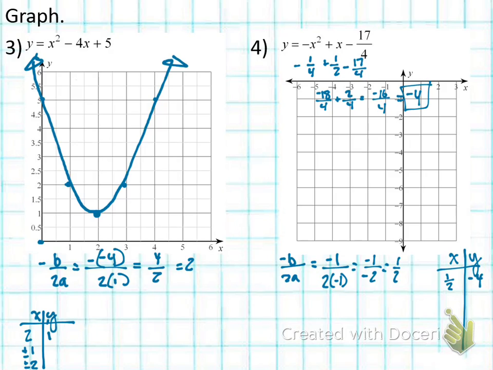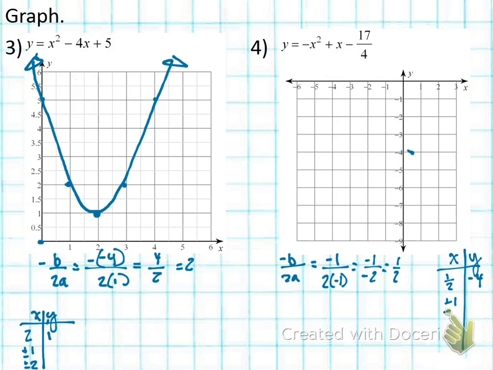Okay, so then I would go to 1/2, negative 4, which is right here, down here. Plot my point. We said it's opening down, right? Here we go. Left or right 1. If I go left or right 1, how far up or down do I go? 1, right?